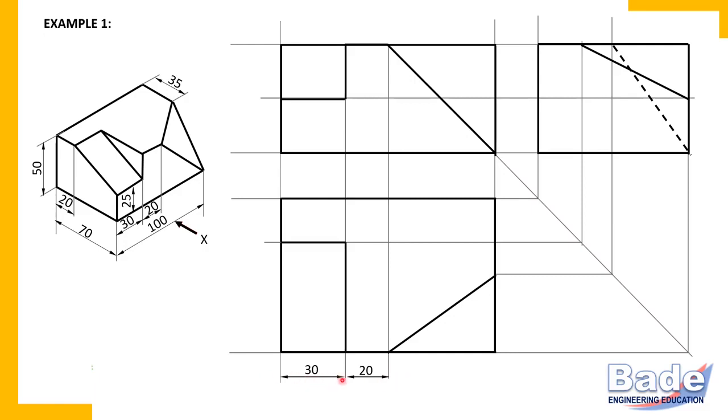So this arrow 30 millimeter long and this arrow 20 millimeters long are collinear. Okay. Now 100 millimeter length, that you can show here because top view gives you length. Front view also gives the length. So you may insert that 100 millimeter length in the front view also. So this is 100 millimeter length. Leave this space at least 8 millimeters. But you must not measure it. It's wastage of time. Leave enough space and insert the dimension 100 millimeters.